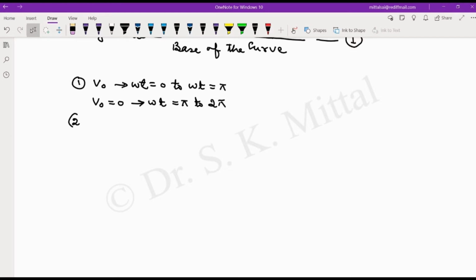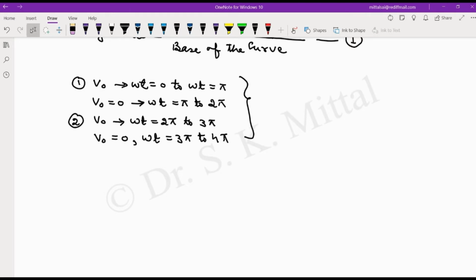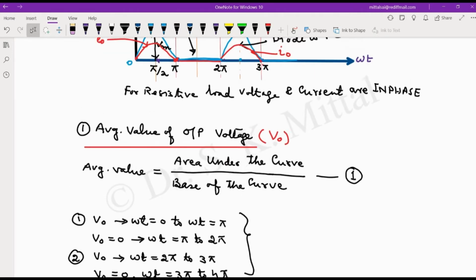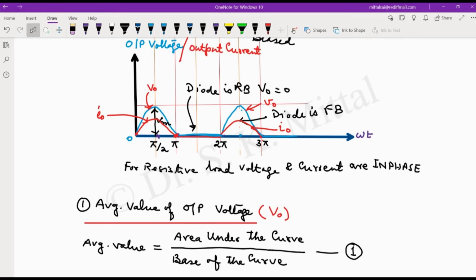Now the second set of output, V0 is obtained from omega t equal to 2 pi to 3 pi, and V0 is equal to 0 from omega t equal to 3 pi to 4 pi, and the same pattern is followed for next cycles. So this is the mathematical observation for the calculation of average value.